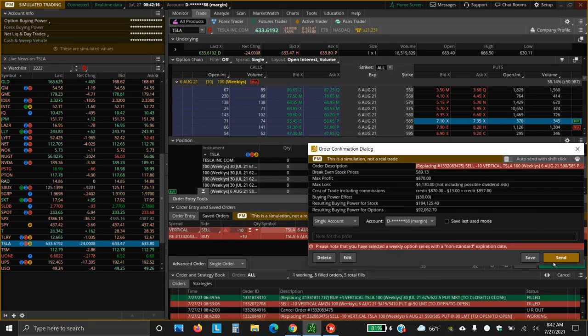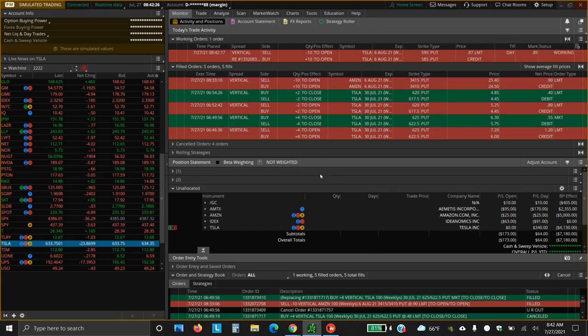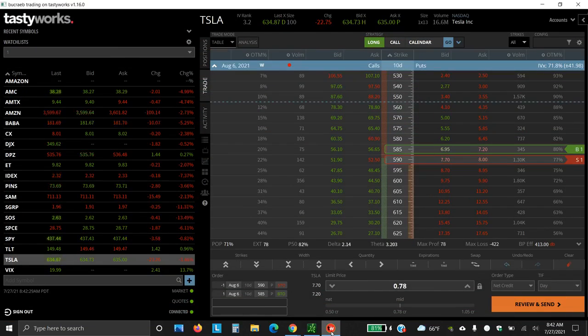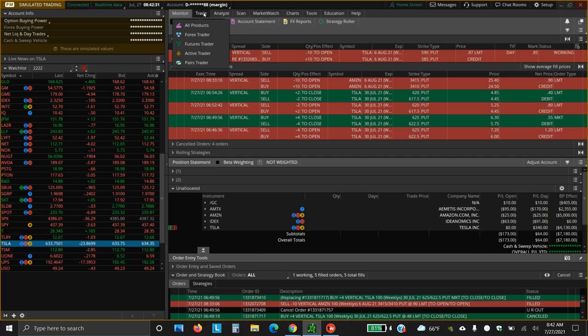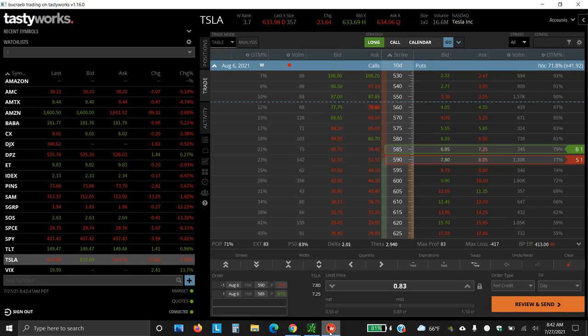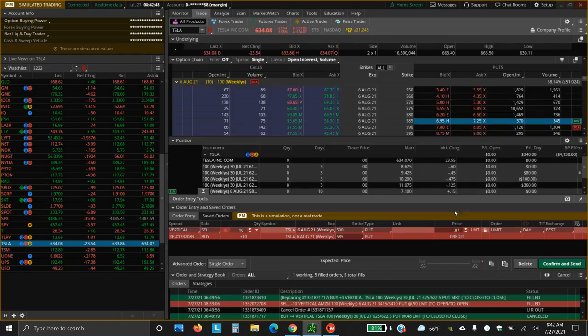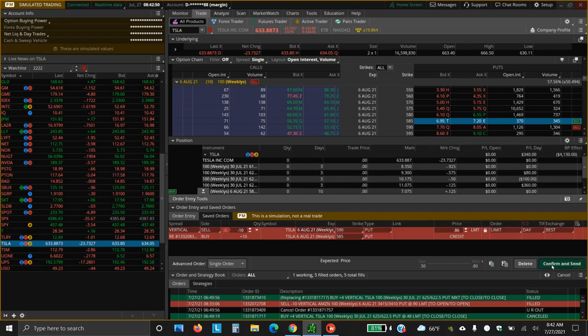See if we get 87. Every time I put an order, it's going lower and lower, but let it brew for a second. We might get 85. Let's see if we can get 85. 86.